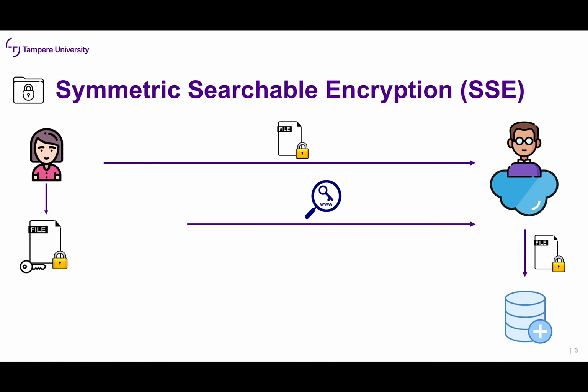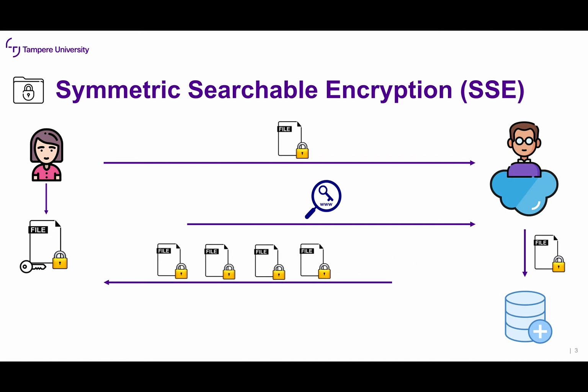Upon reception of that query, Bob will be able to find all the data stored in his local database that contain the words Tampere University, and return those data to Alice, who decrypts the data locally with the symmetric key that she knows, and can process the data and so on and so forth.